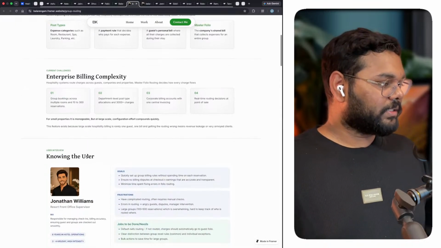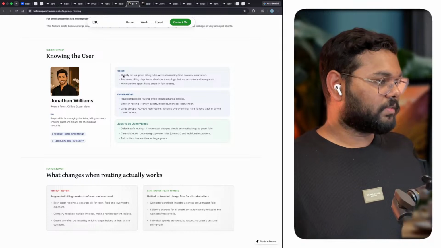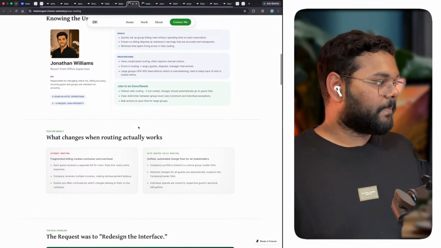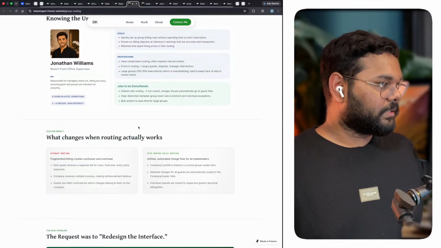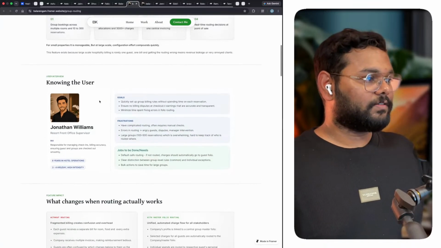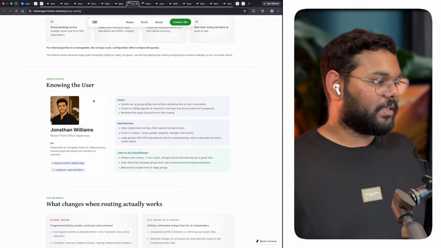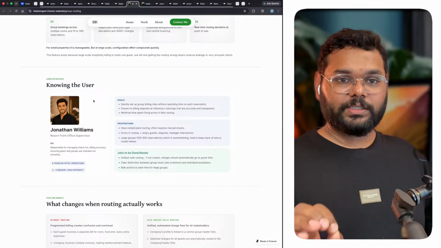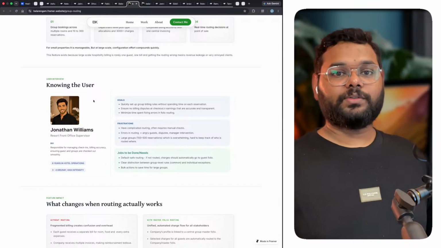Current challenges, right? The user interviews, frustrations, goals, jobs to be done. And so you don't need a lot of personas, to be honest. The only one which you have worked with for this particular project works, not too many.